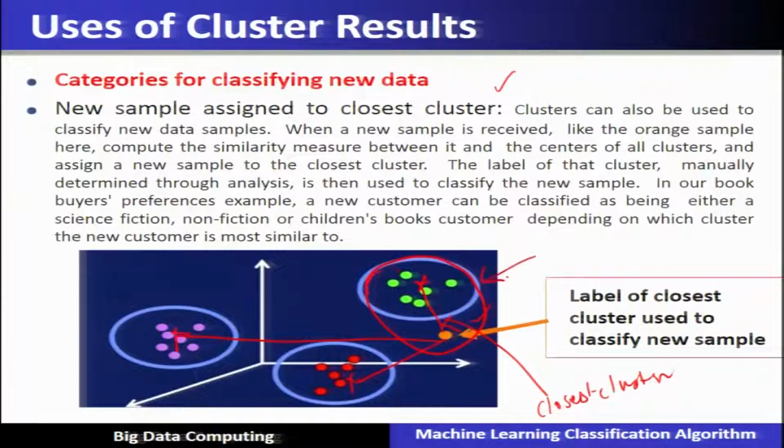So, this cluster will identify this particular user to be a part of this cluster group, and hence this classification will now know that this customer belongs to this kind of group. For example, here the groups we have identified in the previous example are the readers of science fiction, non-science fiction or children's books.